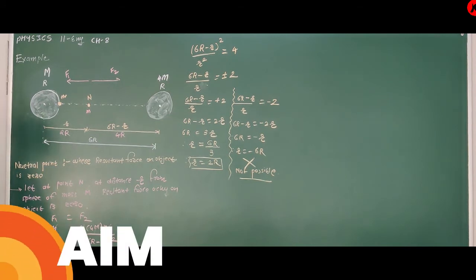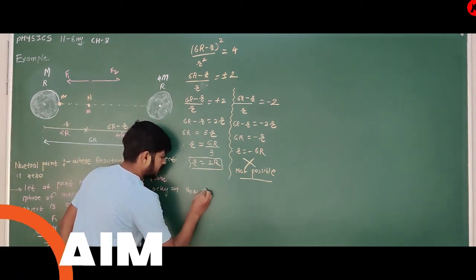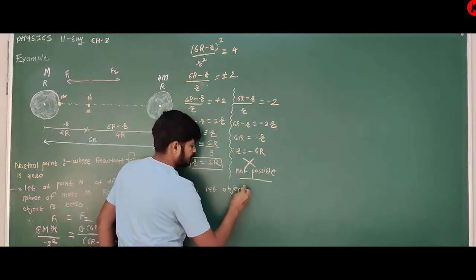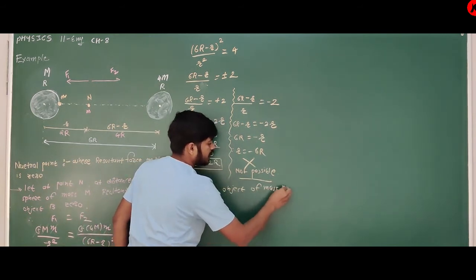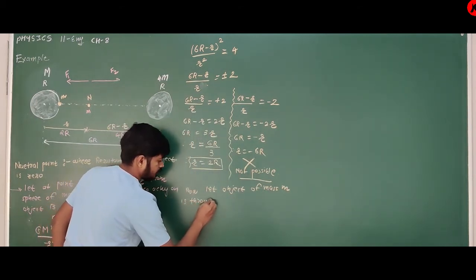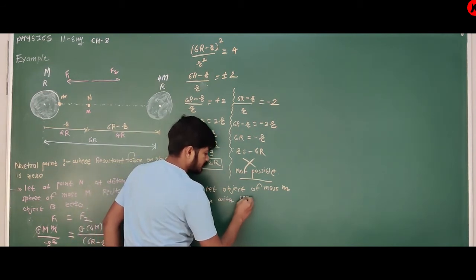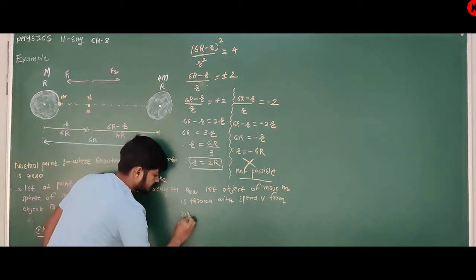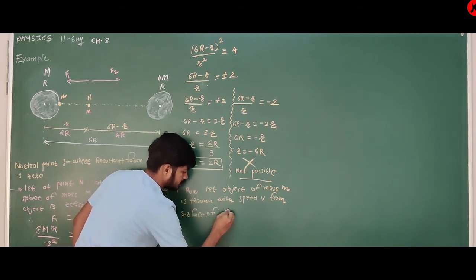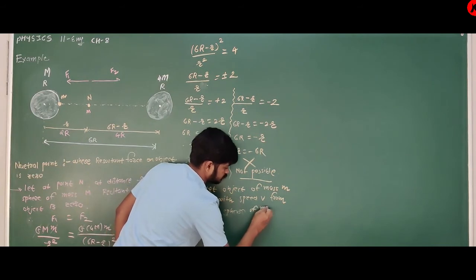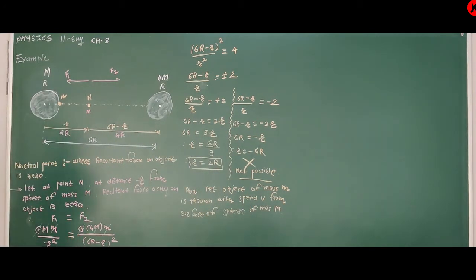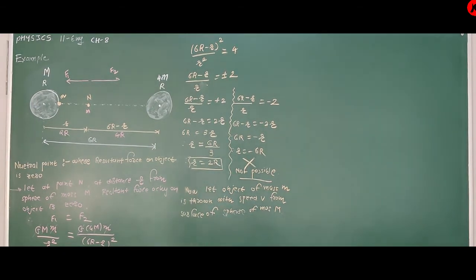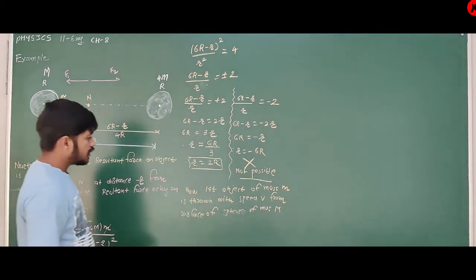Now let an object of mass m be thrown with speed v from the surface of a sphere of mass m. Okay.